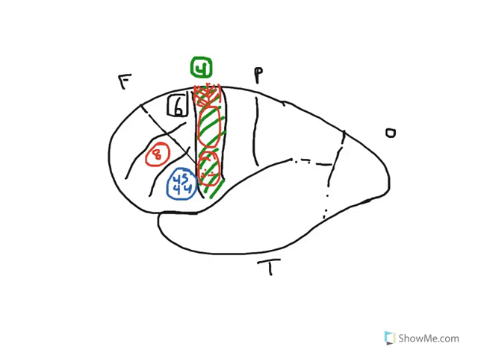It lies just in front of the face area of the motor area in the precentral gyrus. Its stimulation causes vocalization, so it is responsible for coordination of different muscles that produce fluent speech.